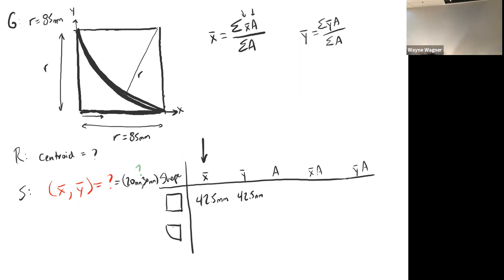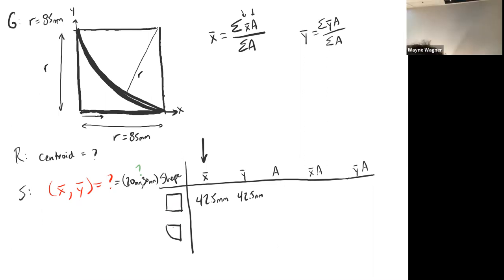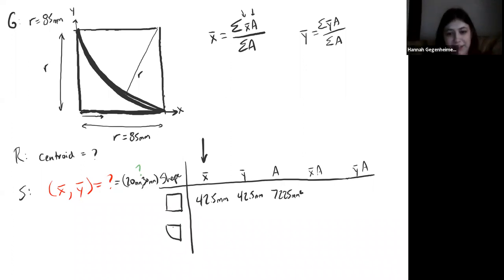Tell me what to put into my calculator. Is it 85 times 85? Yep. 7225 millimeters squared. Okay. So now what do I do for X bar A? You multiply X bar times A. Okay.